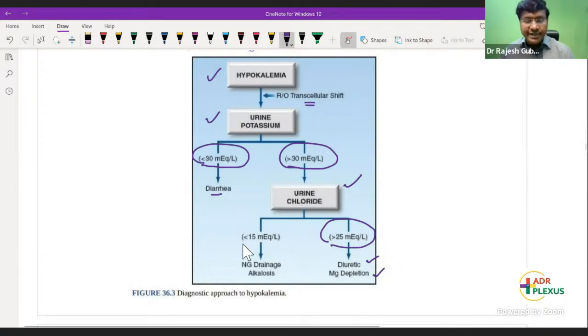And if the urinary chloride level is less than 15, then it is due to nasogastric tube drainage as well as alkalosis. So it is your urinary chloride which will tell you what is the cause of the urinary loss of potassium. The cause of hypokalemia secondary to urinary loss can be assessed by doing the urinary chloride. Okay, right.